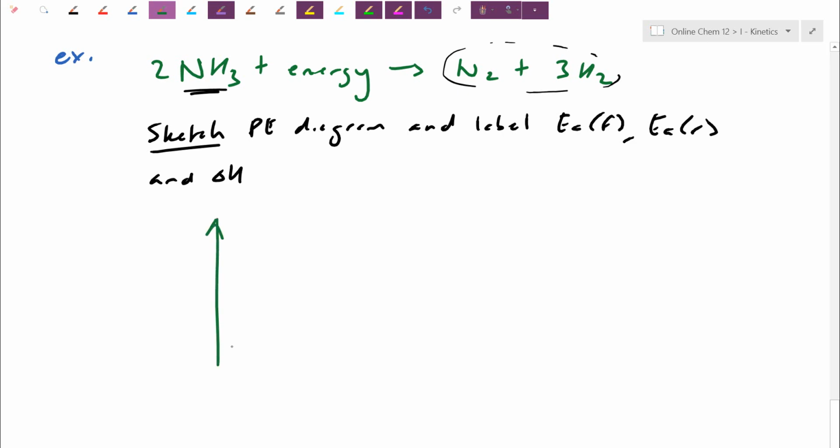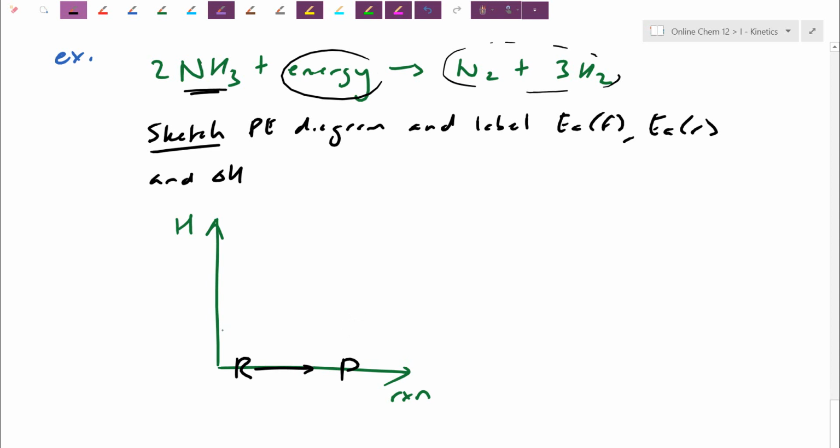While you still need to label the axes, I have PE on the vertical side. I can even label it as H. Remember, H stands for enthalpy. I'm going to label this one here as the reaction axis. Again, the implication is I read left to right, so reactants going to products, that's forwards. In this case, ammonia actually steals a bunch of energy and becomes N2 and H2.